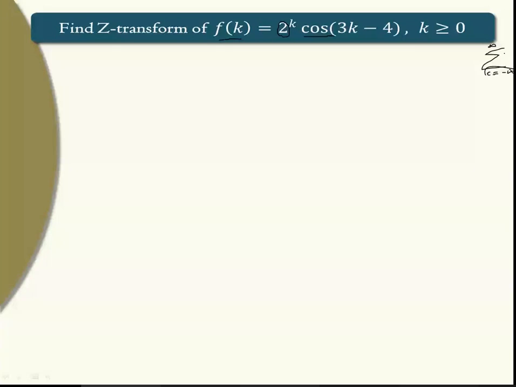In the previous first lecture, we saw how to use this summation to find the Z transform. So whether to use that definition or to use the standard properties, theorems and formulas depends on this function f of k.